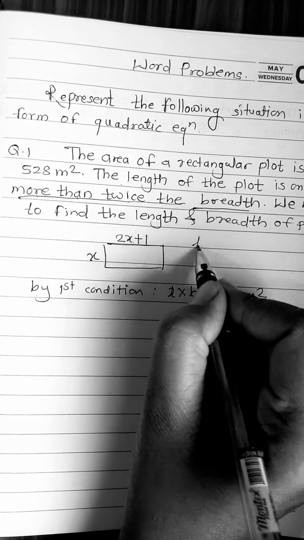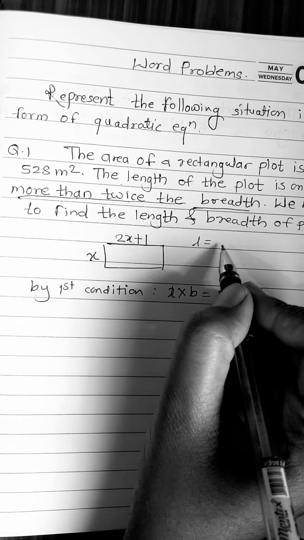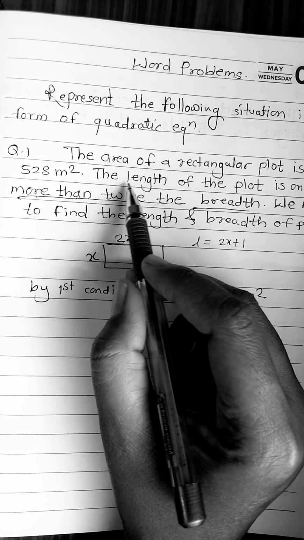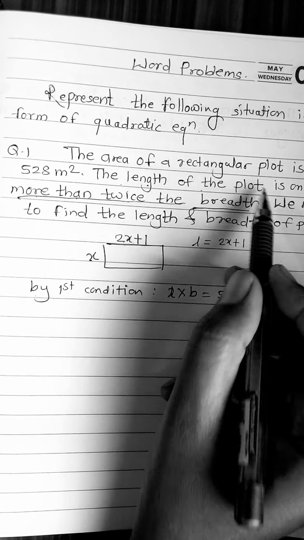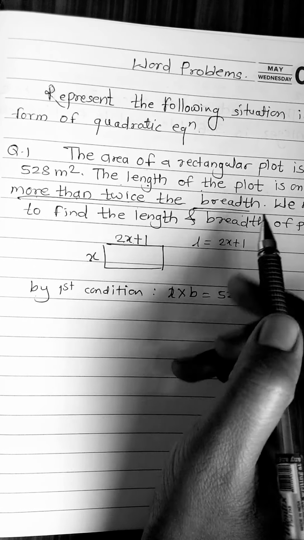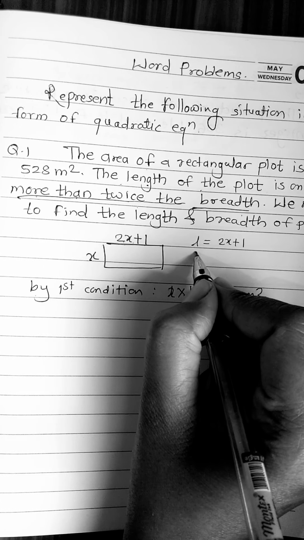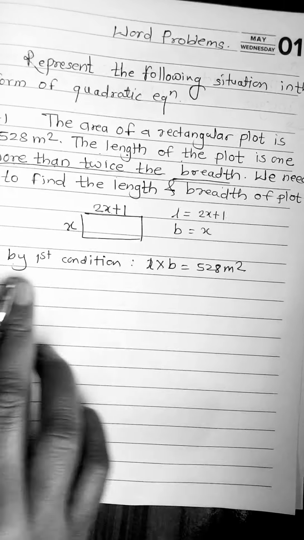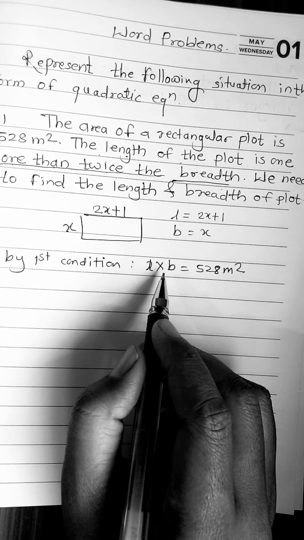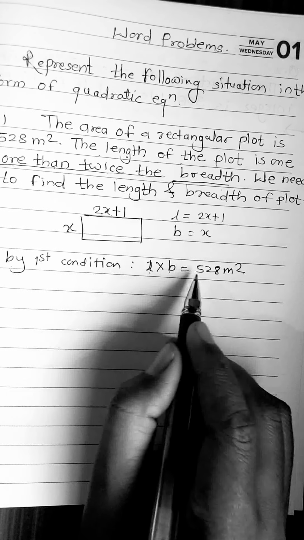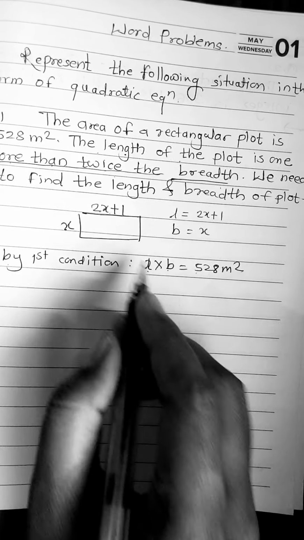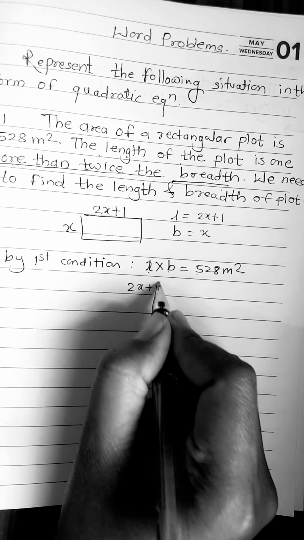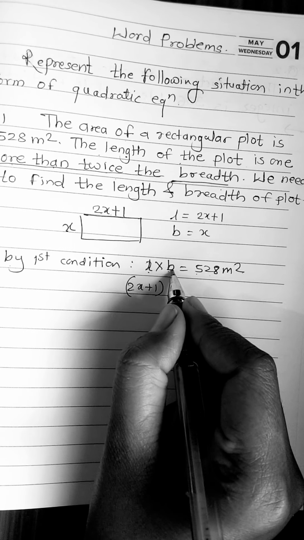So the length of the given rectangular plot is 2x plus 1, because the length is 1 more than twice the breadth, and we consider the breadth to be x. By the first condition, the area L into B is equal to 528 meters square.